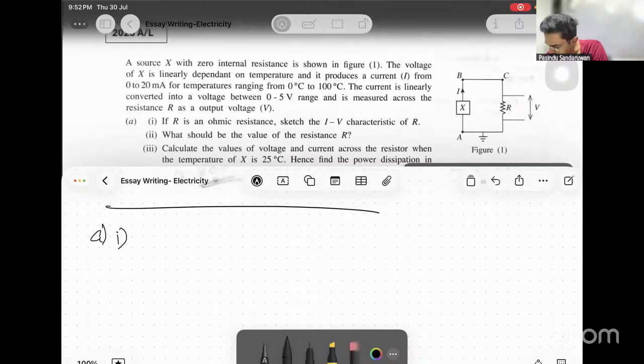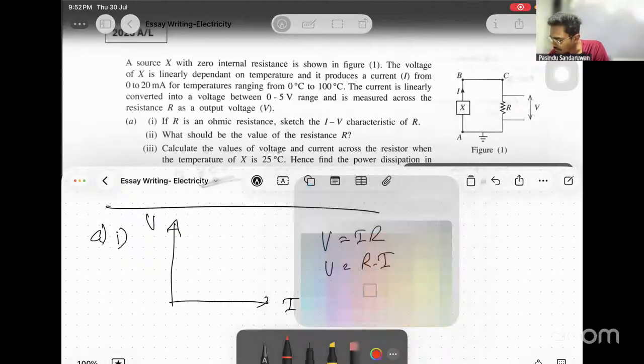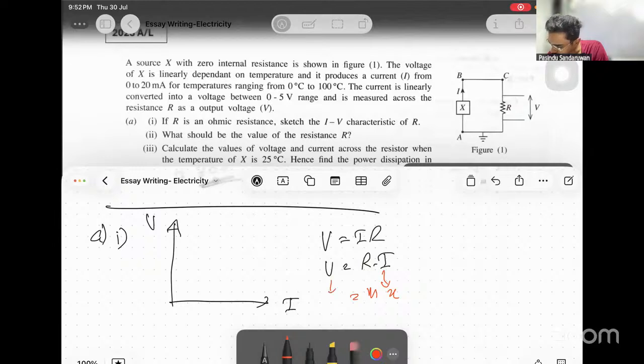Then A1. If R is an ohmic resistance, sketch the IV characteristics of R. Right? If ohmic, we know it follows Ohm's law, V equals IR. Then when we plot V and I, this is like V equals RI, no? If you plot V and I, I is the x-axis, R is the gradient, V is the y-axis.